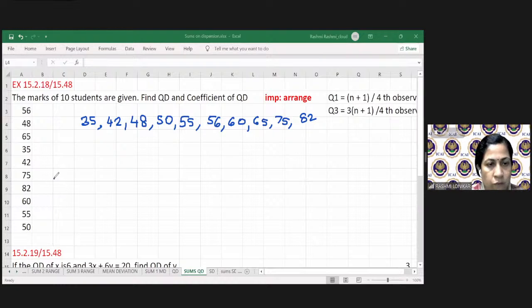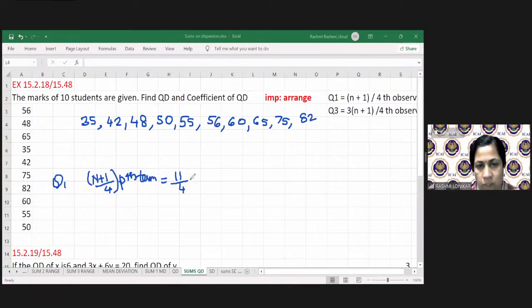So for finding Q1, I have to find n plus 1 upon 4 pth term. How many numbers are there? N is 10. So this will be 11 upon 4, 10 plus 1 upon 4, which is giving you 2.75th term.